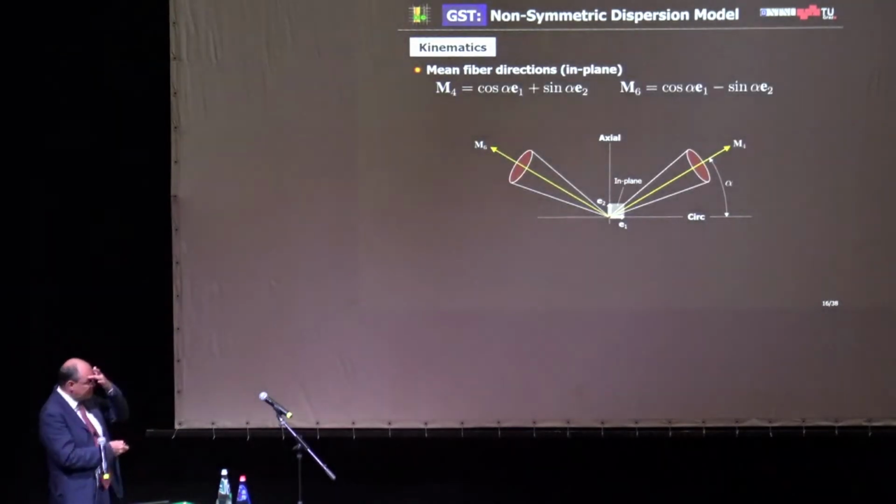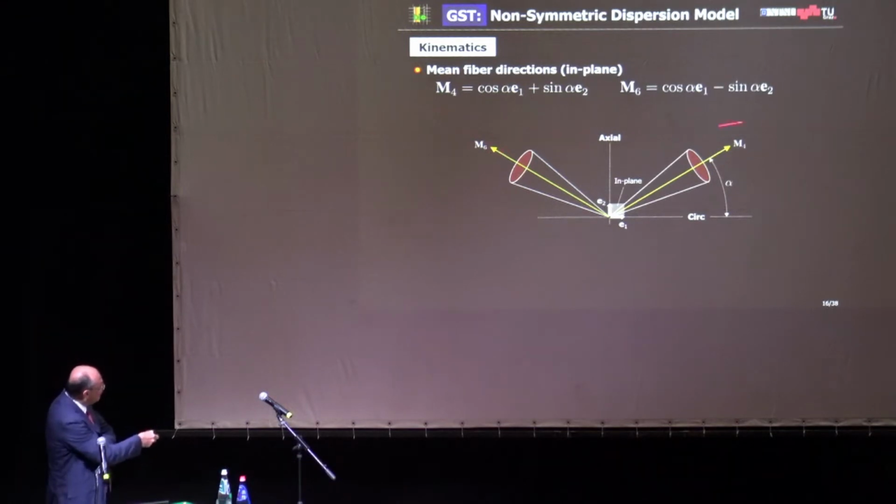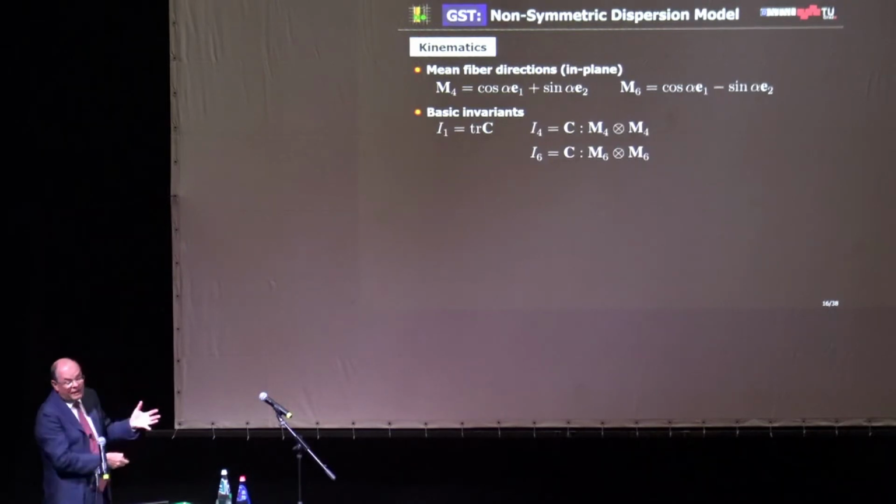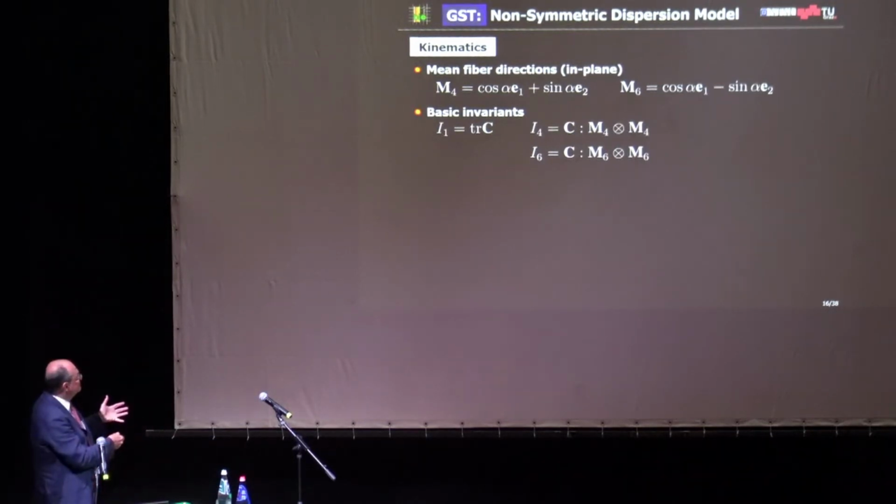But to briefly explain, you have these two families of fiber. That means you not only have an M4, you also have an M6. So this is a second family, the second mean fiber direction, and this dispersion here. And then you have the basic invariants. Everybody knows here, this is basic strength of material. The first invariant is the trace of the right Cauchy-Green tensor.